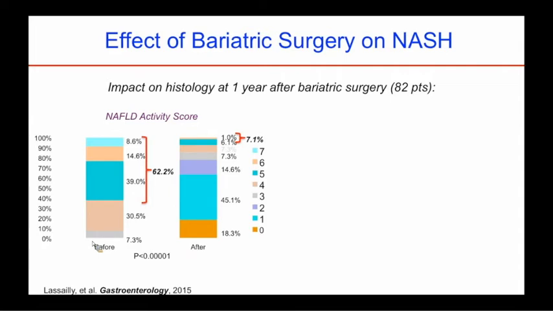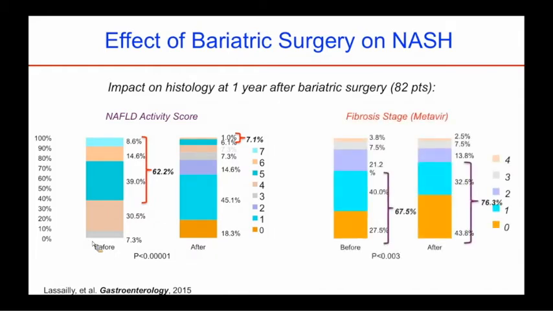1 year after, higher NAFLD activity score values have shrunk to 7.1%. We've seen this exactly the same in Hep B, which is within 1 year of effective treatment, inflammatory scores go down precipitously. And what happens to fibrosis? Well, it goes down too, but the fraction of high fibrosis stages goes from 32.5% to 23%, nowhere near as dramatic as the shrinking of the high-end group for NAFLD activity score.